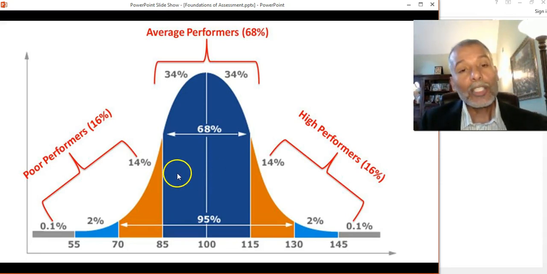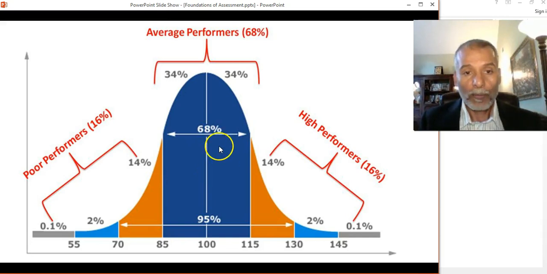And statistics show that when a test is designed accurately, 68% of the population, like if you test 1,000, 680 of these people, are going to get scores between 85 and 115. Okay?